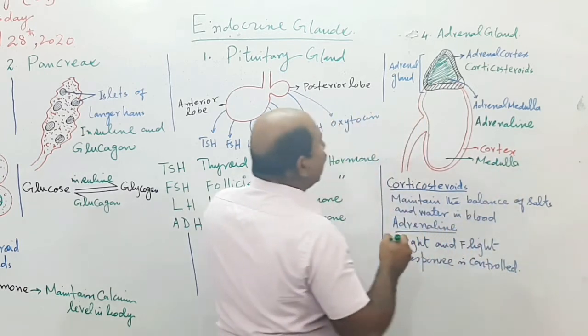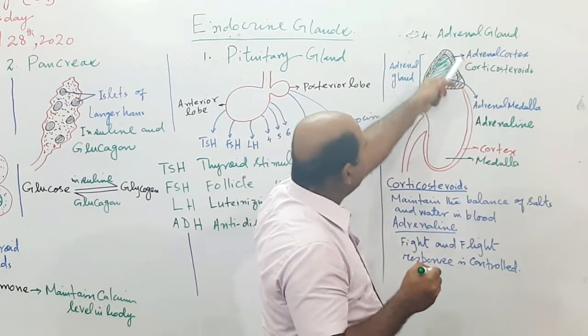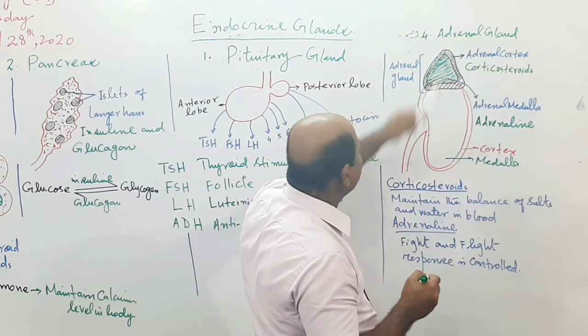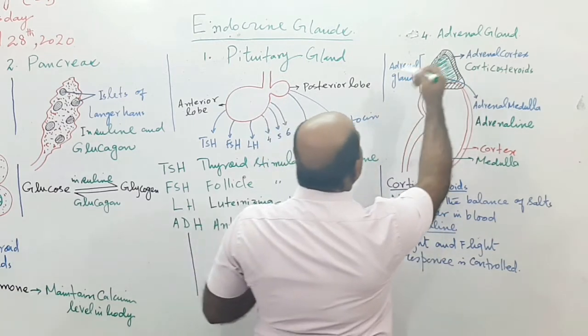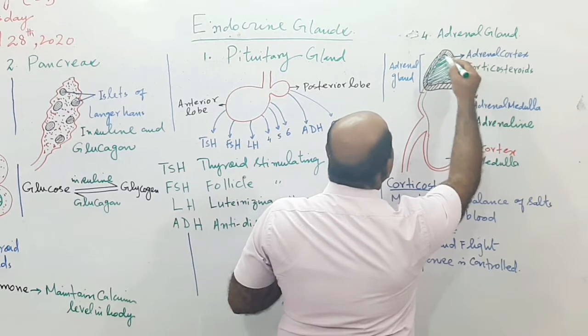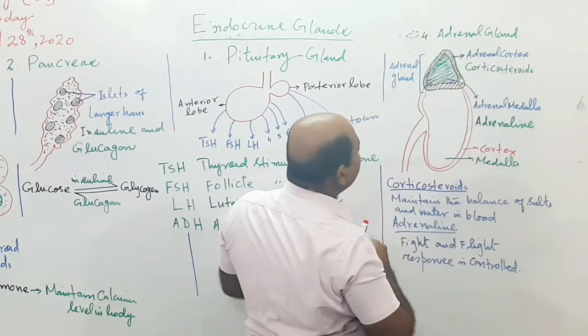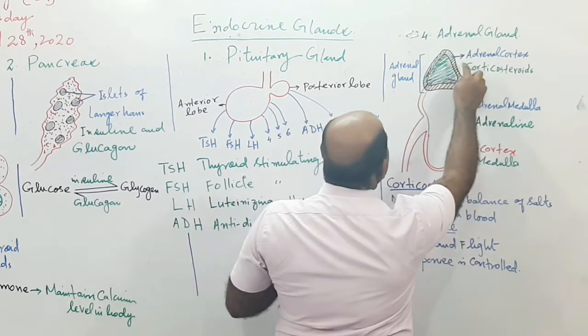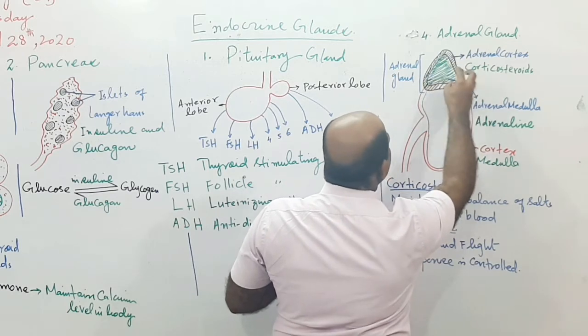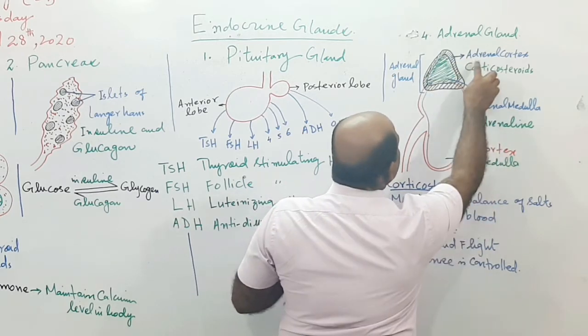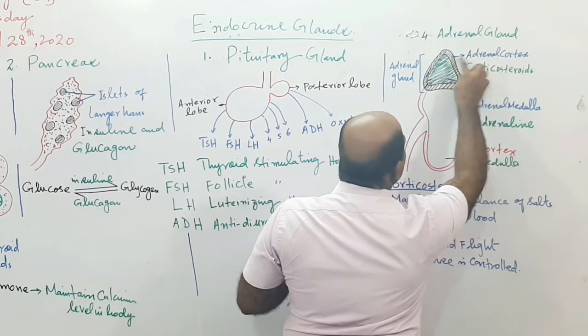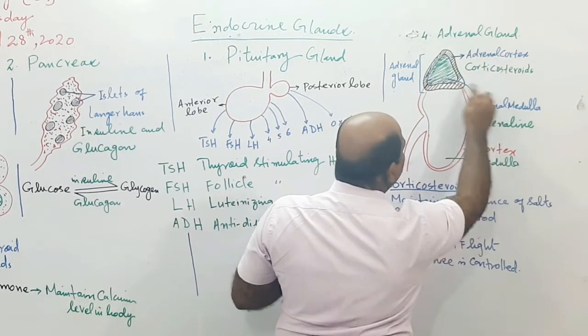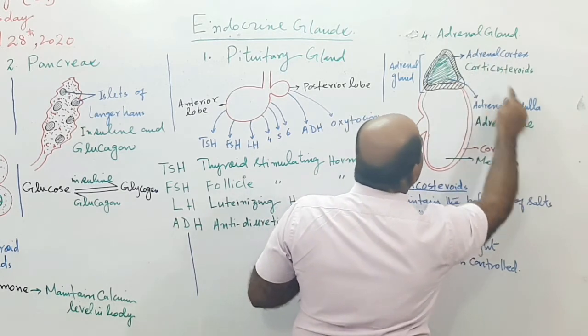Just like that, there is a gland located above the kidney. It's very clearly mentioned here. That gland is called the adrenal gland. This gland is located above the kidney, and it is also divided into two parts, just like the kidney. One is called the adrenal cortex, the outer part, and the inner part is called the adrenal medulla.